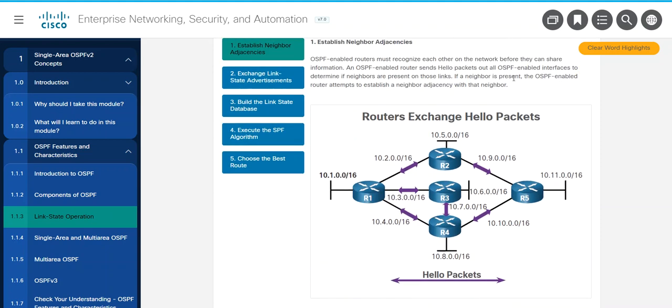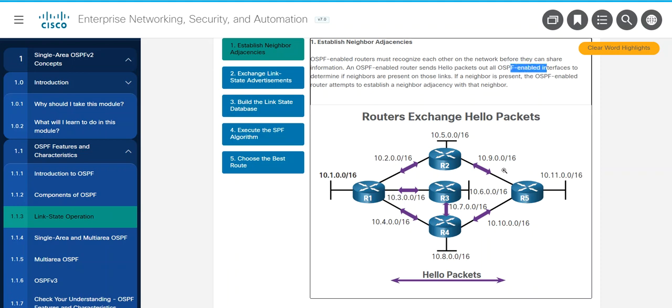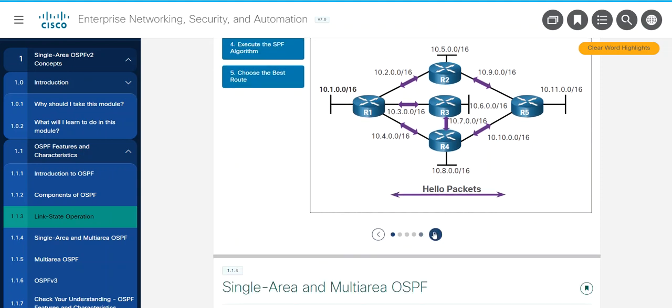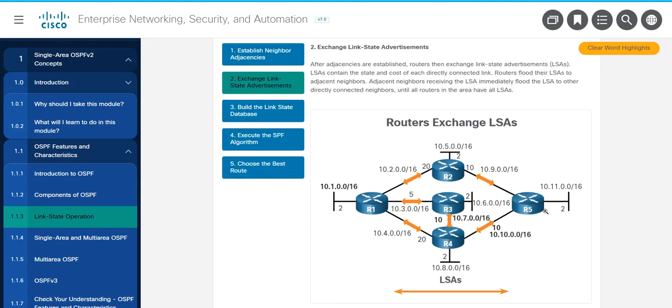They do that through all the OSPF enabled interfaces. The reason I'm pointing that out is because you can have more than one routing protocol on a router. So each one has to be enabled to use OSPF, or it does not share with the updates in the other packets that are being sent.